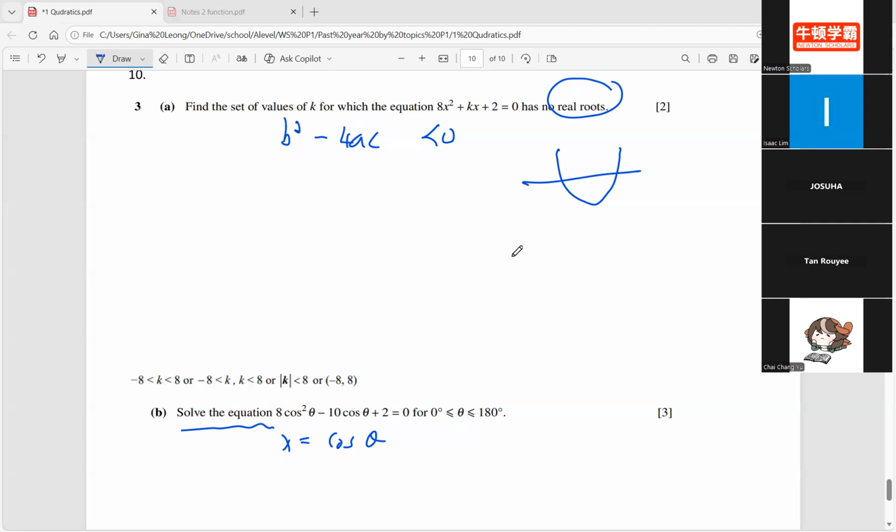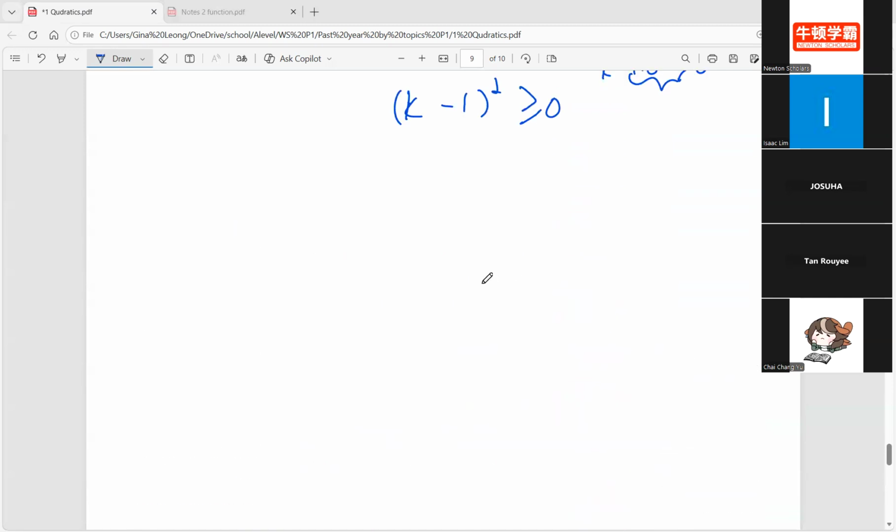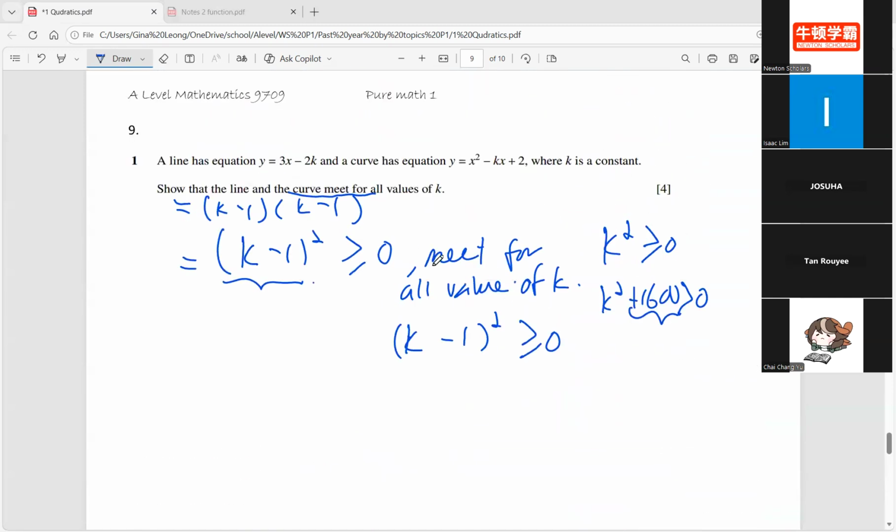Okay, you finish? You are missing k, you are missing something. Let me check your working. K plus 3, oh okay, you put negative.